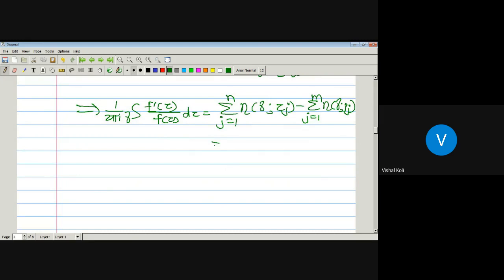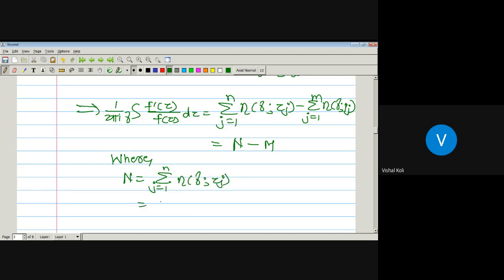Let us denote this one as some capital N and this one as some capital M, where capital N is nothing but summation j running from 1 to n index of the curve gamma with respect to the point zj.